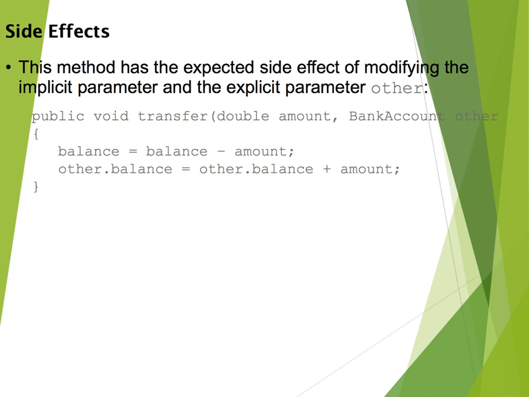It has a side effect on the explicit parameter other because it changes the balance of the other account. It actually increases the balance of the other account by the value amount. So the side effect of this method is changing the explicit parameter other and changing the implicit parameter balance, which is a feature in the class that transfer belongs to.